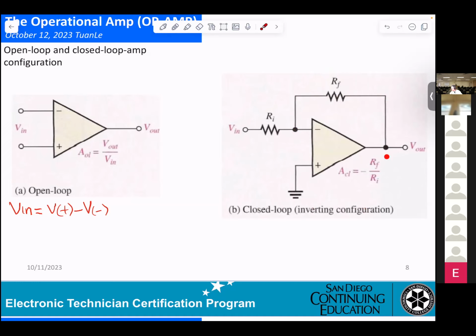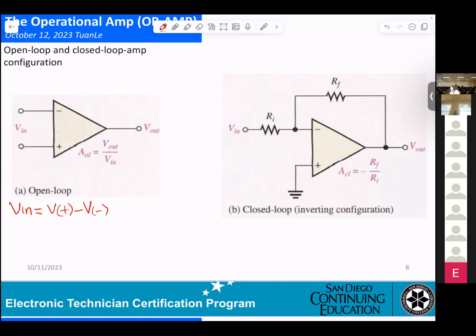So the gain ACL, CL meaning closed loop gain, equals minus RF over RE. However, we will go to that one later. I just bring it up to you. That means this is a closed loop. This is different: no connection back to the input.